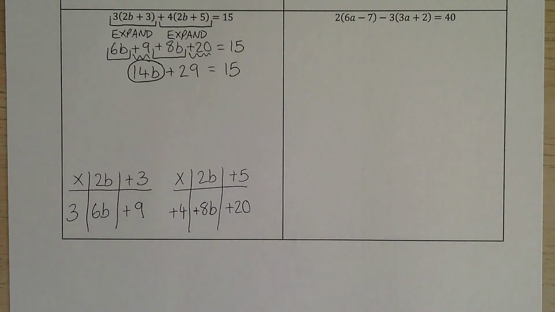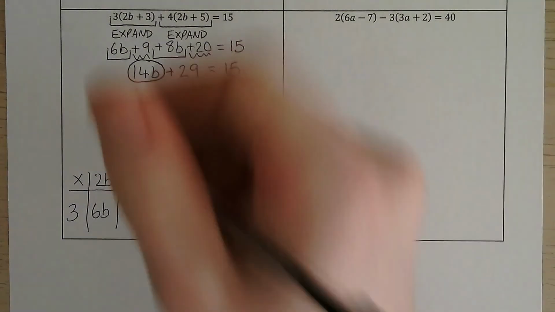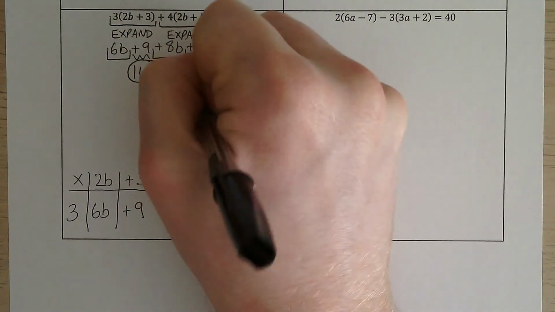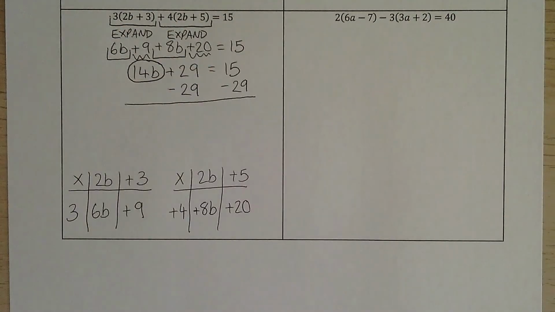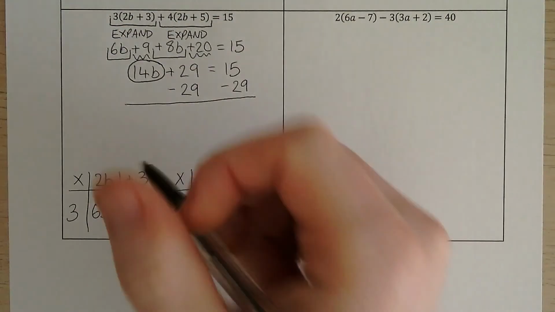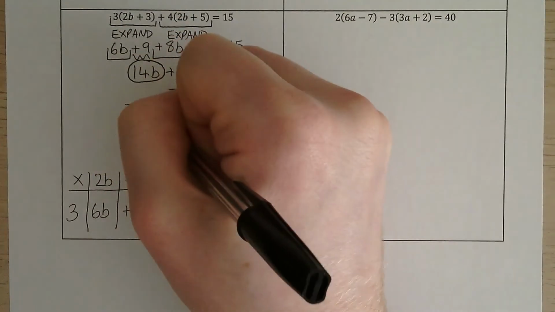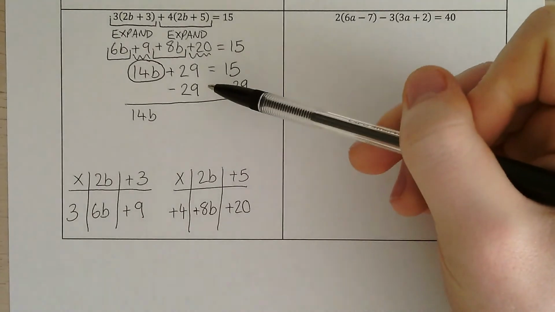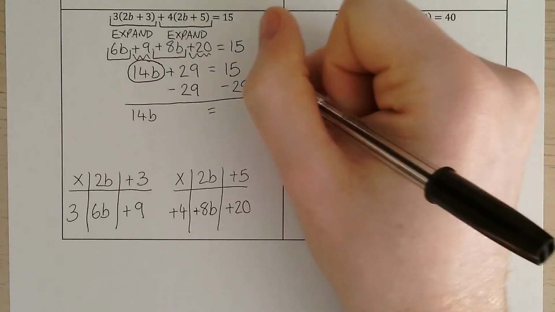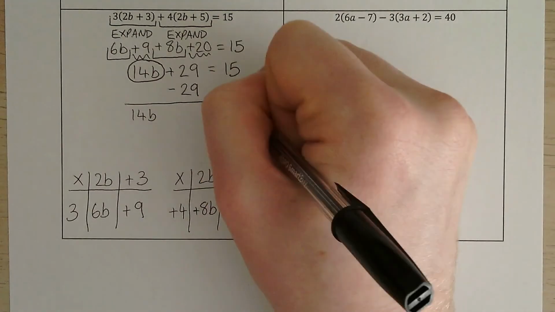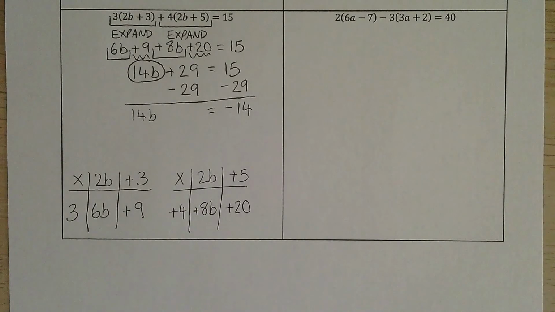So I need to get rid of the add 29. To do that, we will subtract 29 from both sides. This will leave me with the 14b dropping down. The positive 29 and the minus 29 cancel each other out. And 15 take away 29 is minus 14.